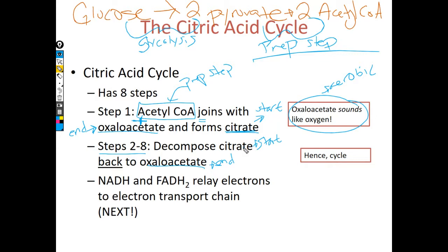So we know that we need to lose 2 carbons. When we break bonds, catabolism, we get energy from that process. So that's the whole goal here.